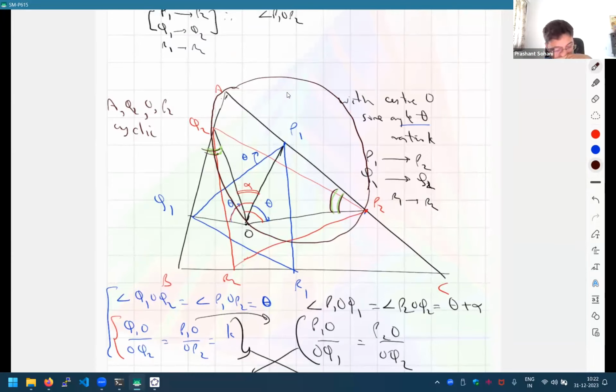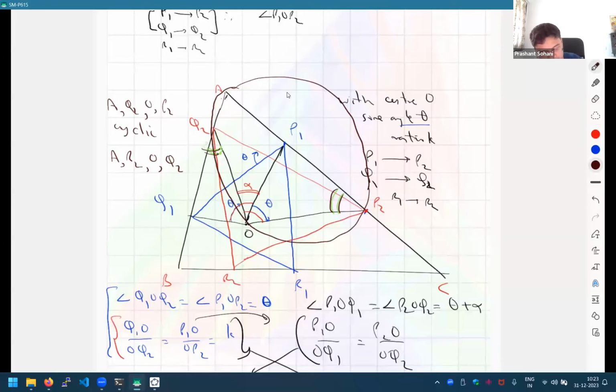The way I would proceed with the proof, and what Om said is also valid, but another way of saying the same thing, is that there was nothing special about P2 and Q2, right? I could repeat the whole argument for Q2 and R2, and I will get the same result. So just as A, Q2, O, P2 are cyclic, A, R2, O, Q2 is also cyclic, right?